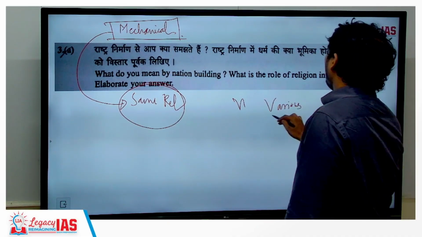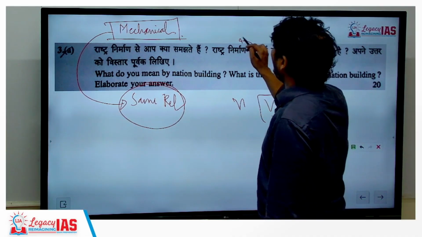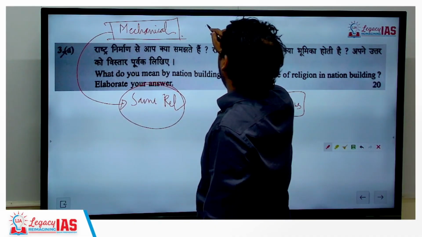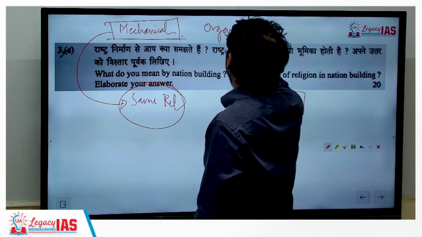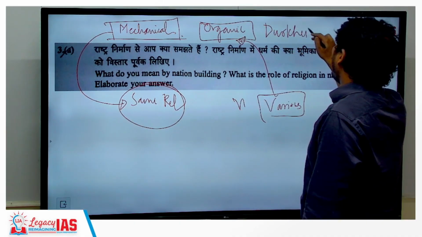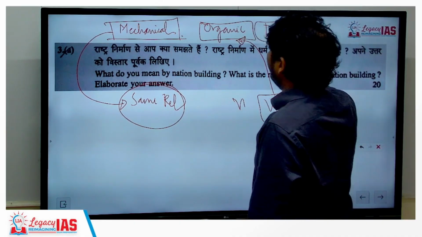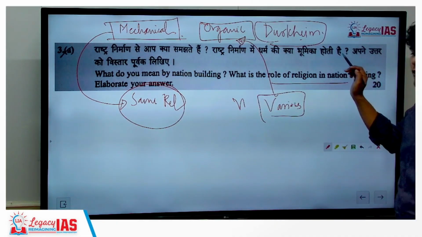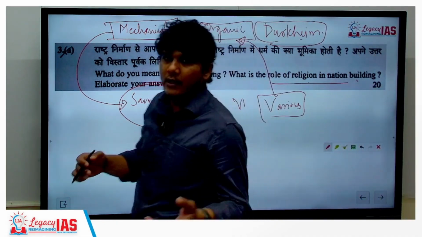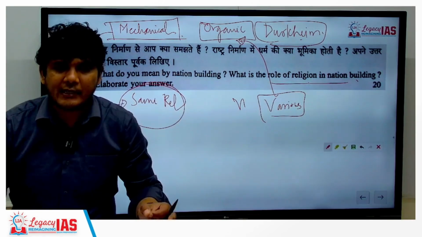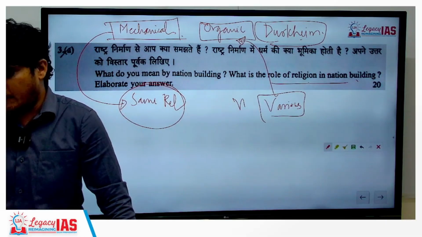These various religions are going to lead to a solidarity of an even higher level, that is organic solidarity. This is how you use Durkheim's concept and talk about how it leads to organic solidarity. That is the explanation of the role of religion in nation building generally, and specifically in India's nation building.